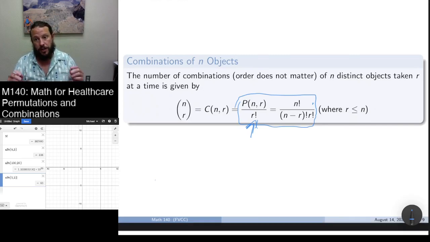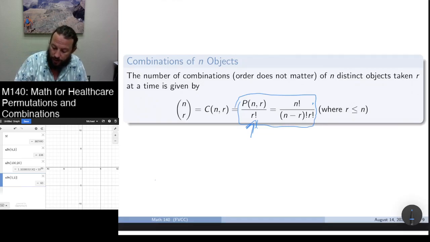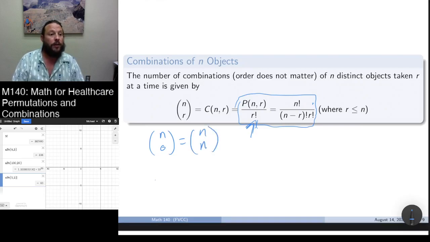Now, a couple things come out of these formulas, and just by thinking about it, that I do think are worth writing down: n choose 0 equals n choose n. All right? If there's n things in my bag, I'm choosing out 0. Well, there's only one way to do that. It's the empty combination. If there's n things in my bag, there's only one way to choose all of them: I got to pull out all n of them. And so this is 1.